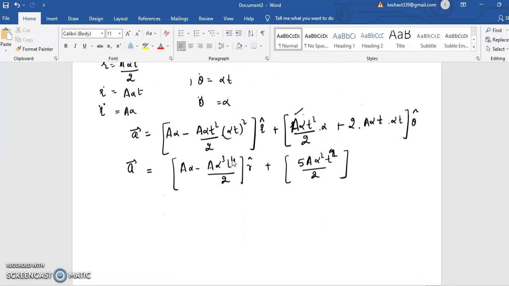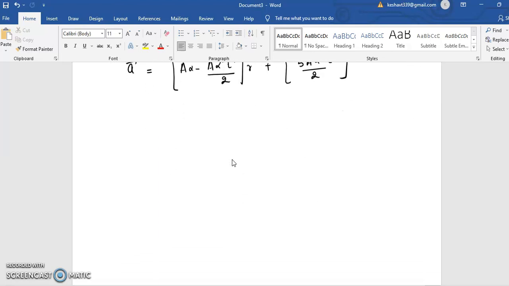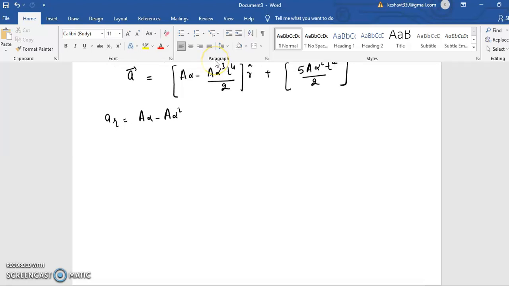Now the radial part of the acceleration that I need for the second part is a alpha minus a alpha cube t power 4 divided by 2. I have to check what the value of a radial is when theta is 1 by root 2 for the second part.